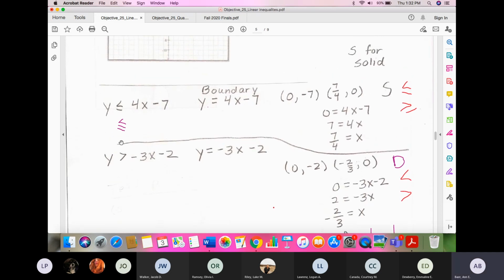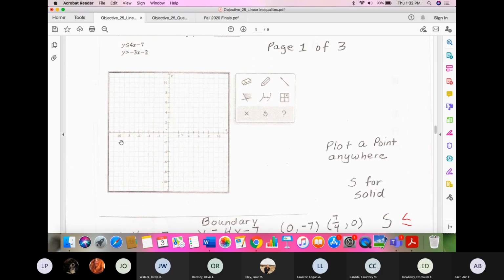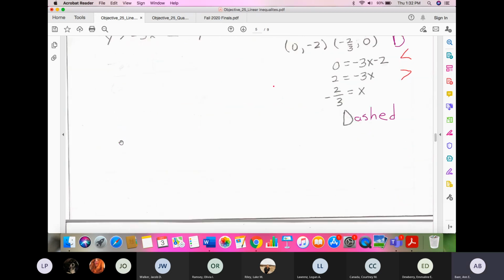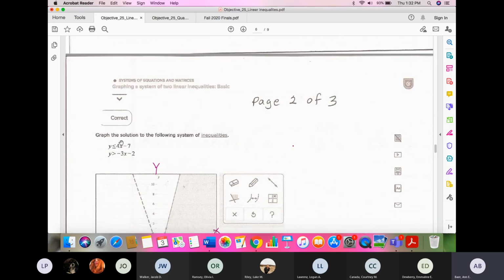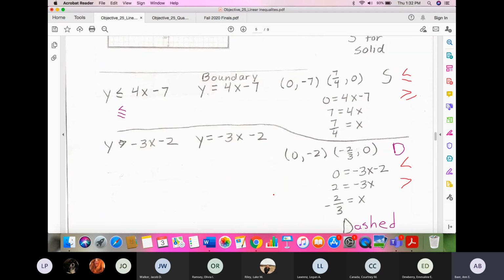So let's just graph. I guess I graphed on the next page. So let me write down these ordered pairs. I'm just jotting down the inequalities and the ordered pairs that go with them, and you might want to jot it down as well.